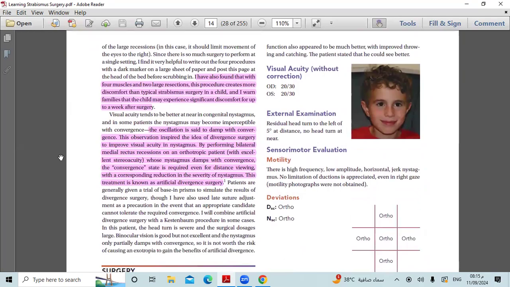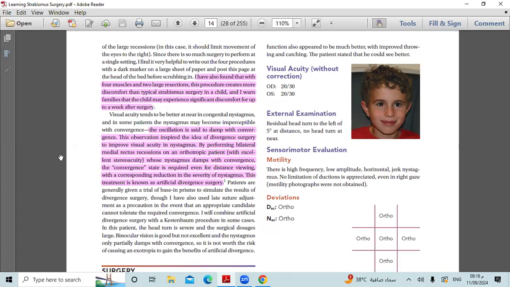Visual acuity tends to be better at near in congenital nystagmus, and in some patients, the nystagmus may become imperceptible with convergence. The oscillation is said to damp with convergence. This observation inspired the idea of divergence surgery to improve visual acuity in nystagmus.